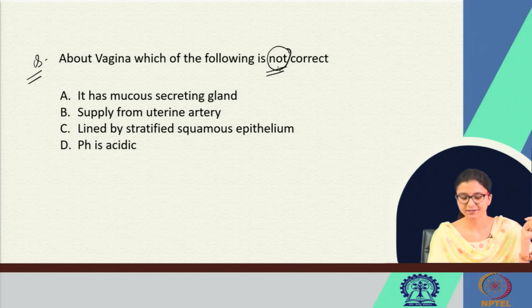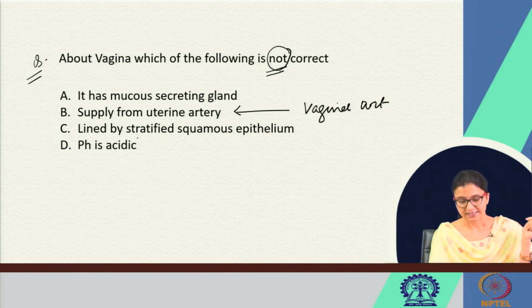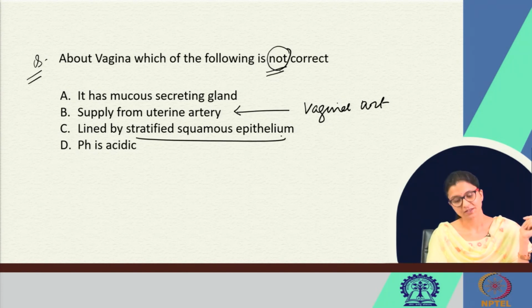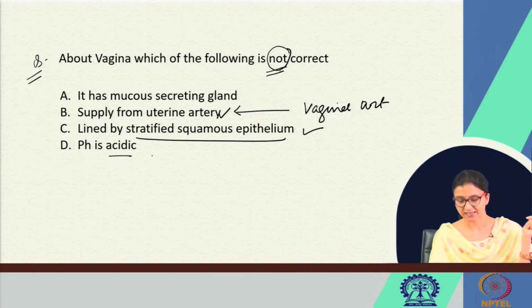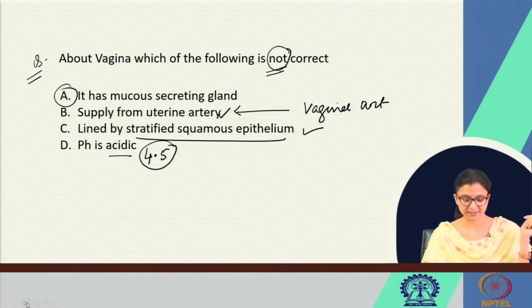Which is not correct? Uterine artery supply, yes, the vaginal artery is a branch of the uterine artery. Lined by stratified squamous epithelium, yes, it is correct, non-keratinized. pH is acidic, yes, it is correct, 4.5. Which is not correct is the mucus secreting gland. The vagina does not have any glands.